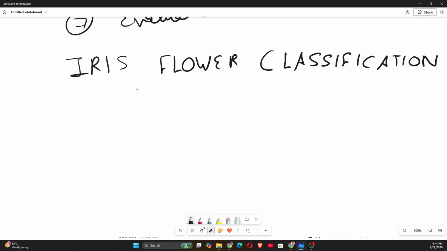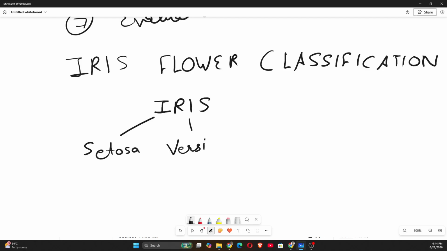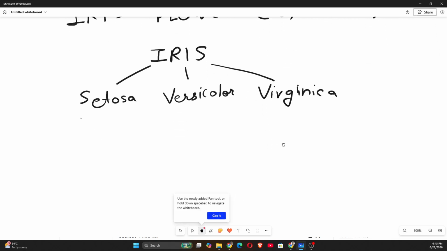What I was saying is that the iris flower is of three categories: Setosa, Versicolor, and Virginica. I will be using these three terms in this project so much that by the end you will know them by heart.